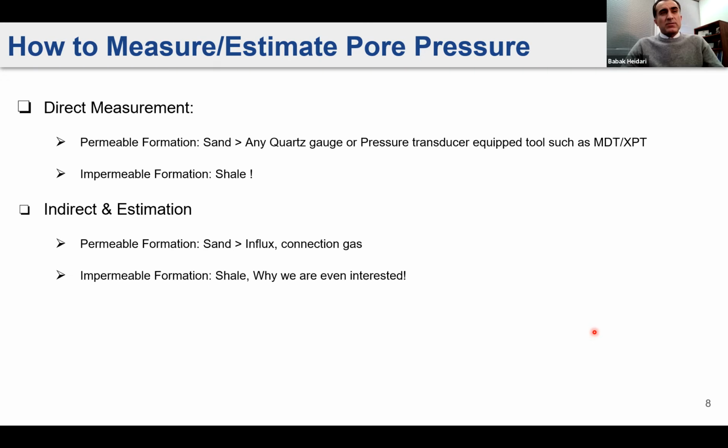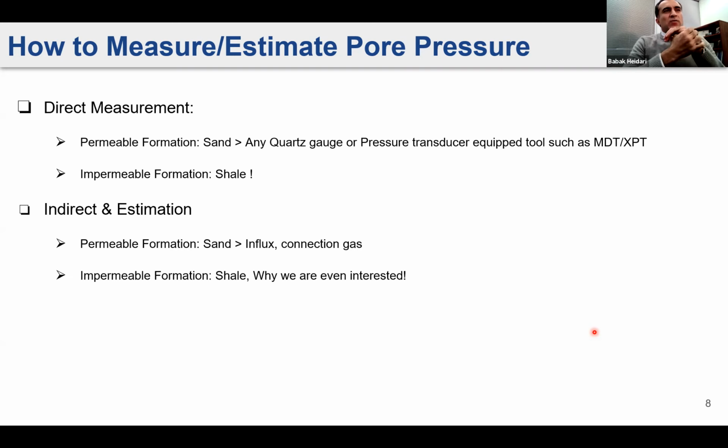If it is an impermeable zone, such as shale, we can still do a direct measurement, but it is not a very practical or efficient way, because shale is very low in permeability and it is going to take a long time. I have seen that maybe Total or Shell tried and came up with the pore pressure in the shale, but it is not something that every operator wants to try.